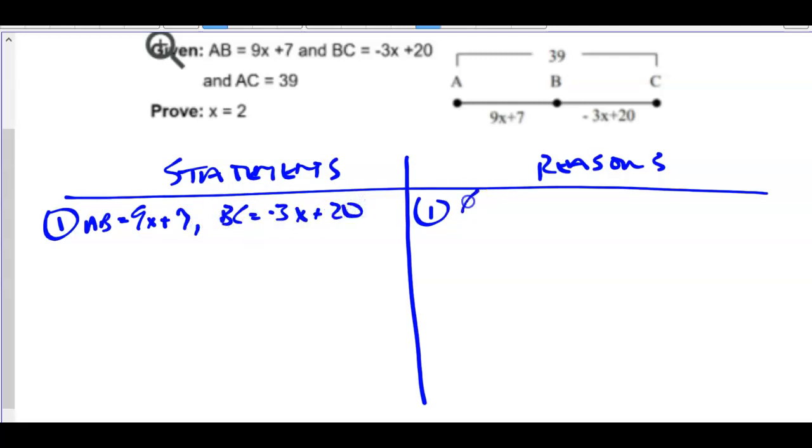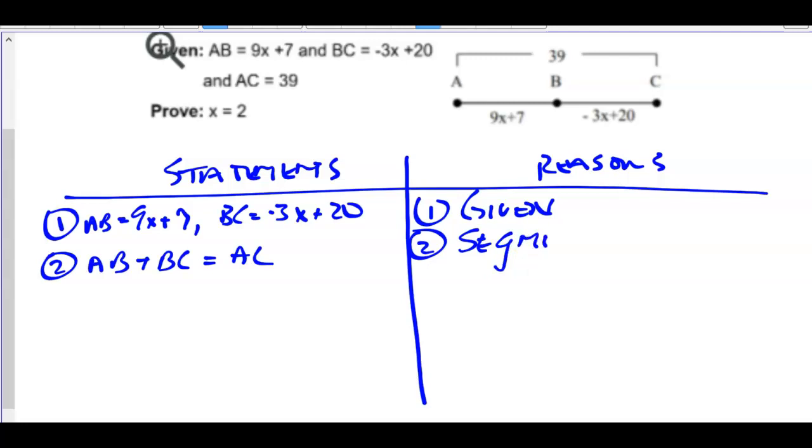I wrote them both on the same line. That's fine. We want to show that AC is equal to 39. Well, we have a very cool thing called the segment addition postulate. I need to see AB plus BC equals AC, and tell the world you can justify that with the segment addition postulate.